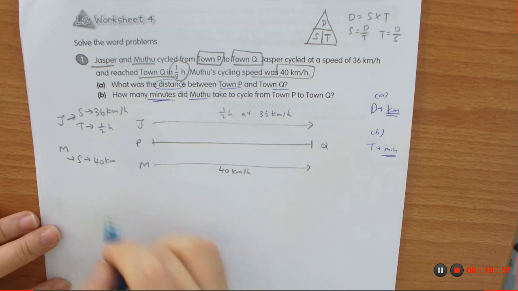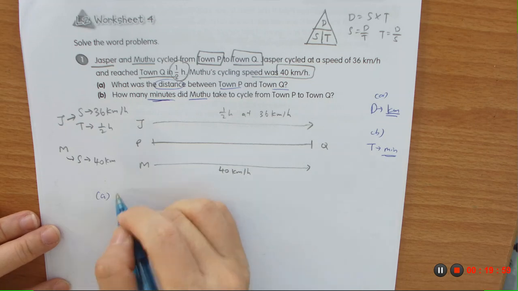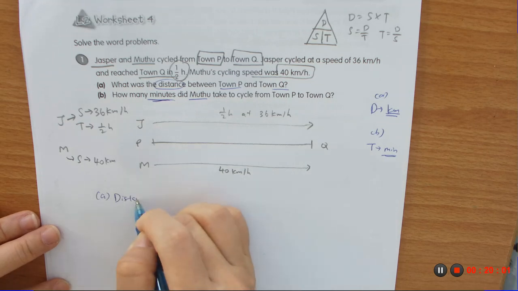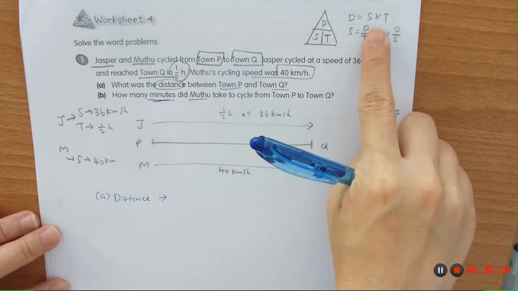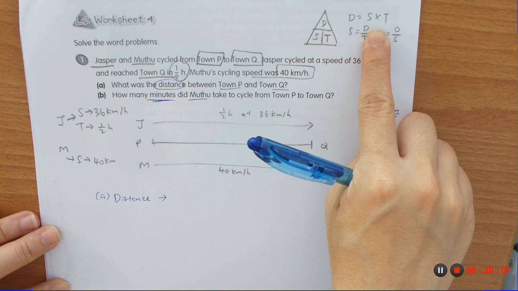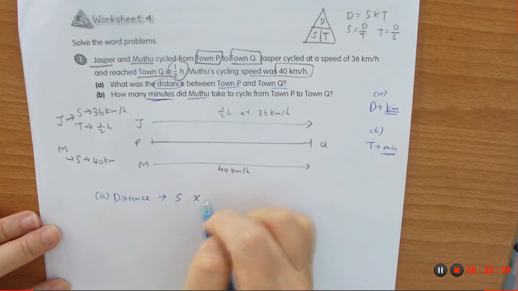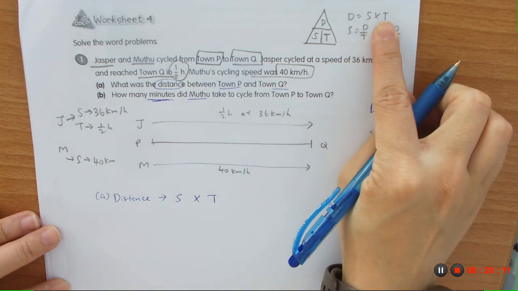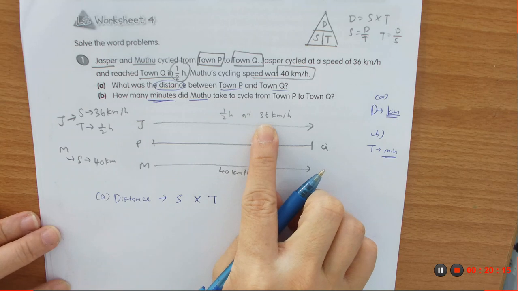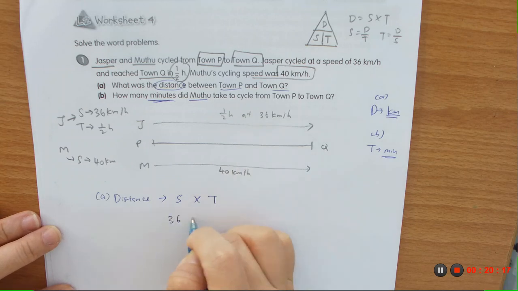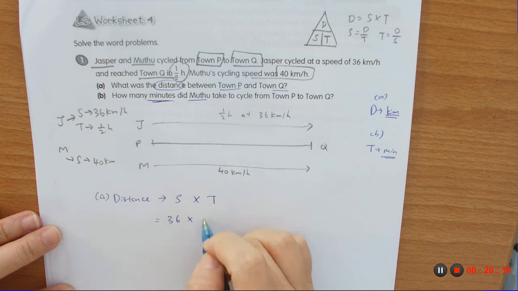With that, I can go to find A. I want to find the distance already. I have the idea of speed times time. So speed times time, whose speed can I use? Yeah, I'm going to use Jasper's. So it will be Jasper's speed times time, which is half an hour.